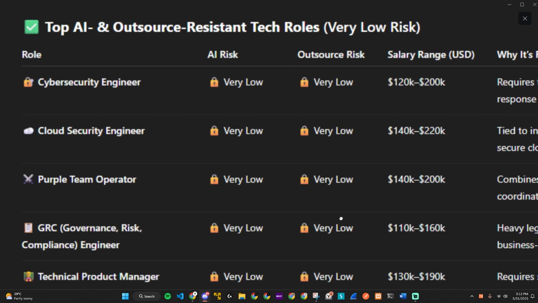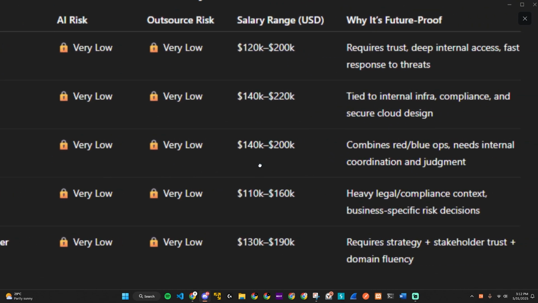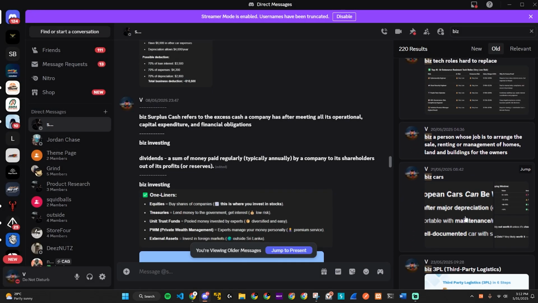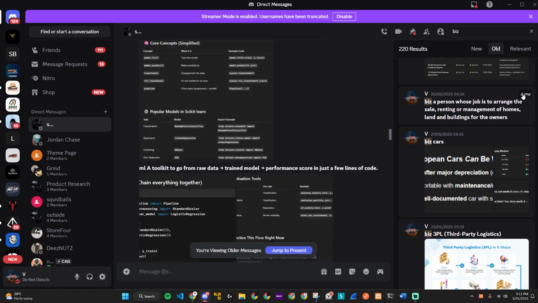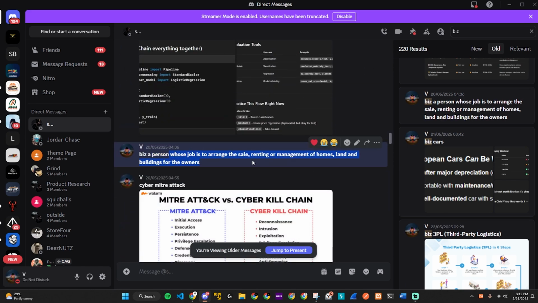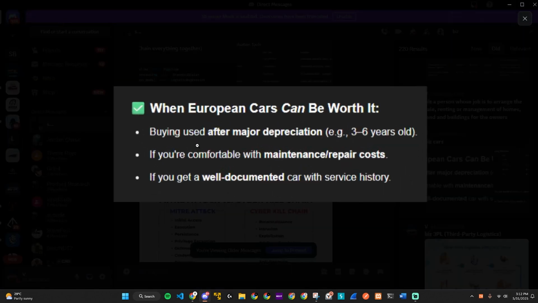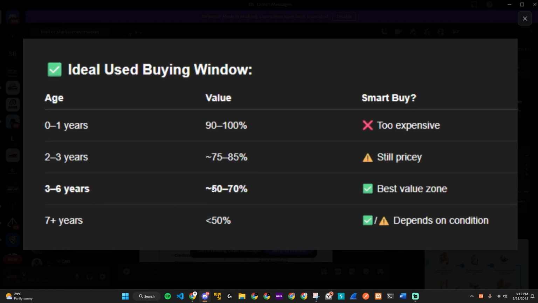If you want to take a look at this. As you can see, cars, what not to buy.